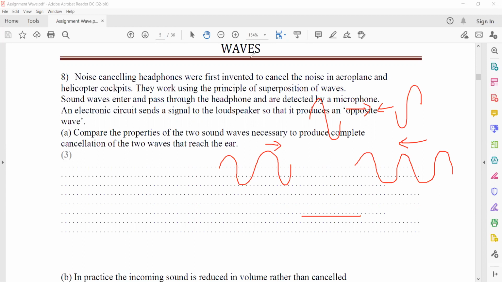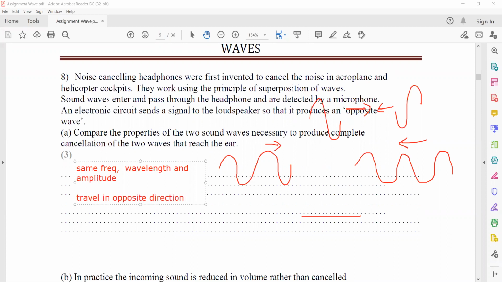So the characteristics to cancel out the signal: same frequency, wavelength and amplitude, travel in opposite directions, and 180 degrees out of phase.